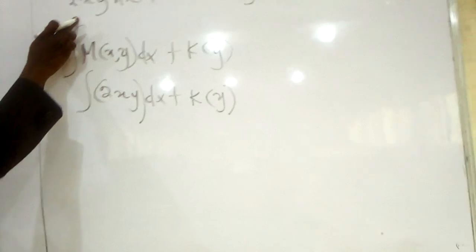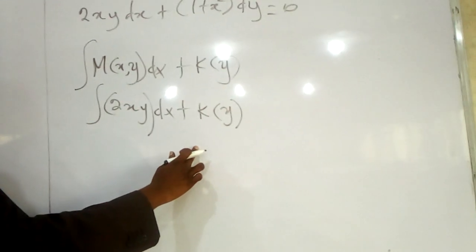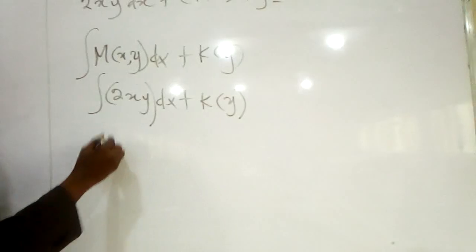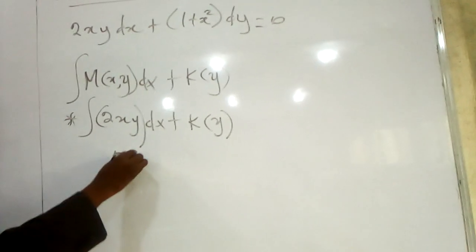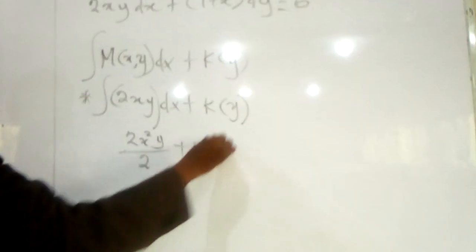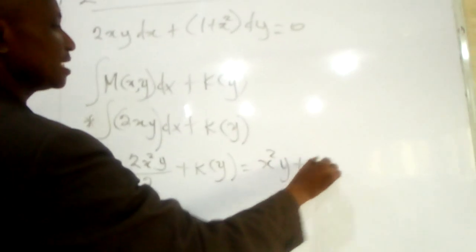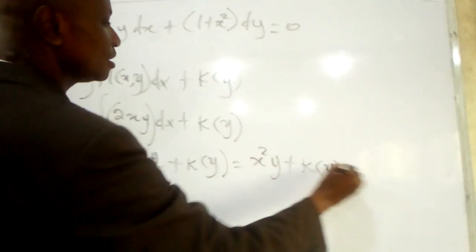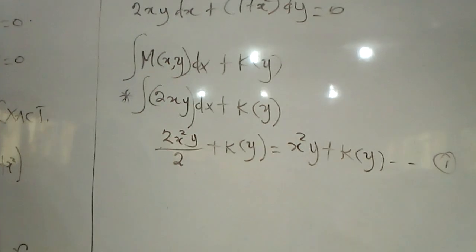When we integrate partially with respect to x, the constant of integration will be with respect to y. This expression gives us 2x squared y over 2 plus an arbitrary constant k(y), which gives us x squared y plus k(y). We can call this equation 1.